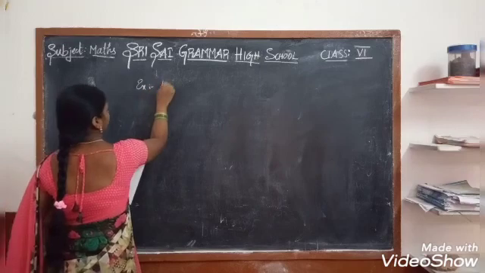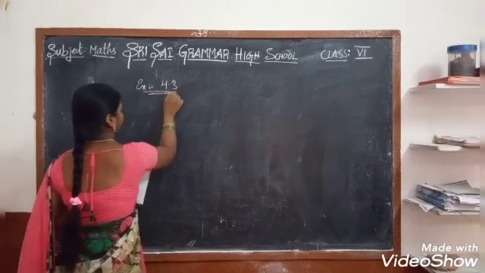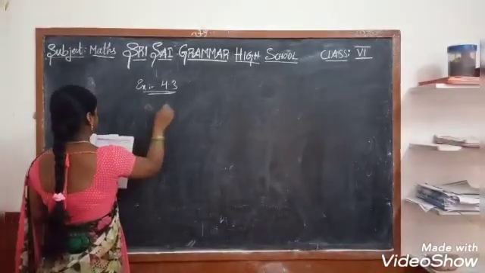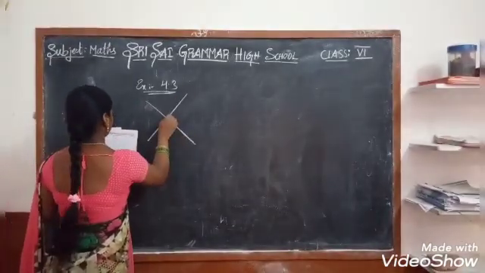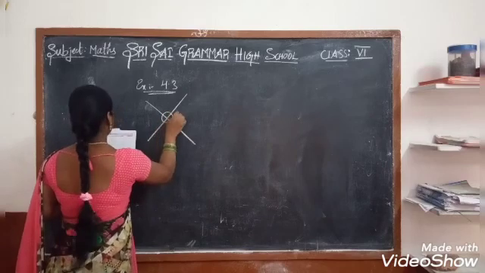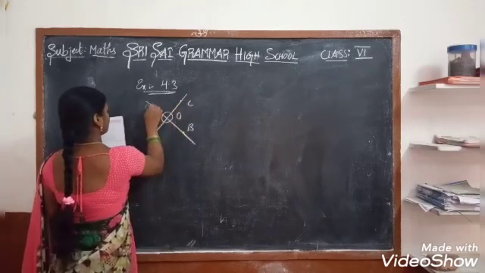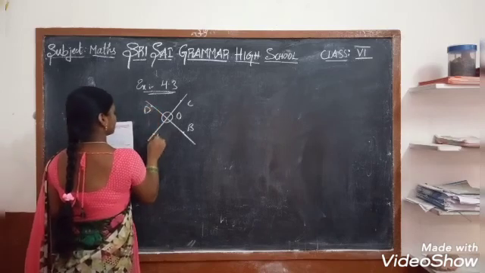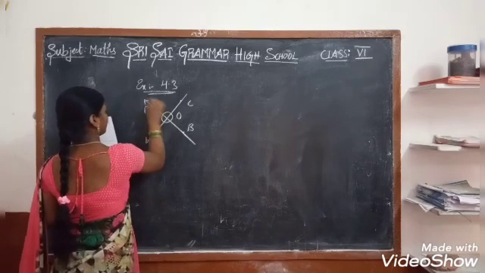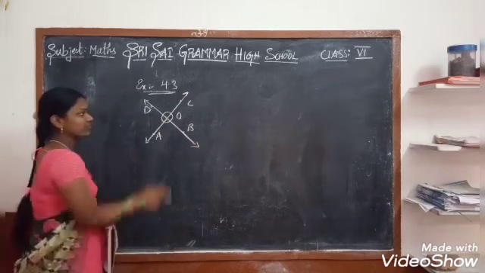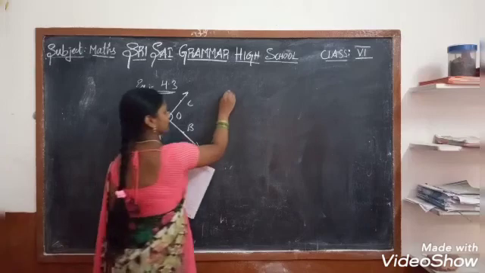Exercise 4.3. Okay, angles. This is point P, this is point C, this is point D, this is point A. Yes. Now from this, how many angles?